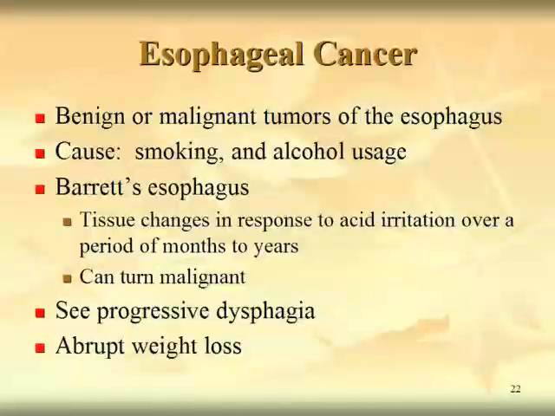A lot of times, up to 90% of the circumference of the esophagus is involved before that patient starts to have symptoms. So once again, early diagnosis sometimes doesn't happen, and the patient doesn't come in until the esophageal cancer has spread to quite a large area.